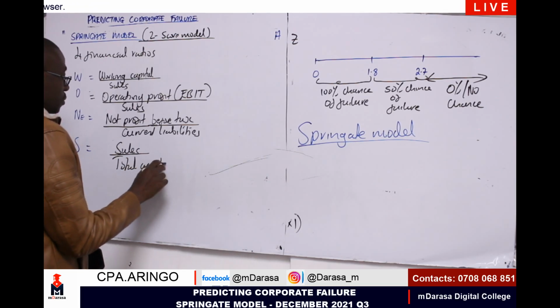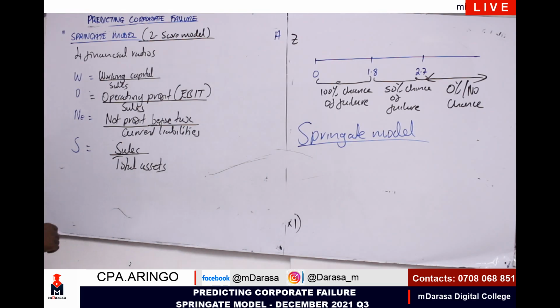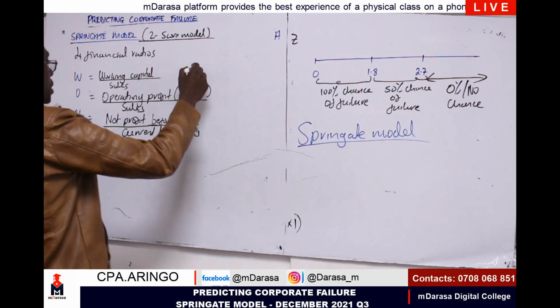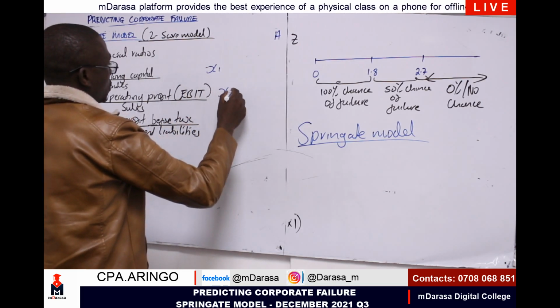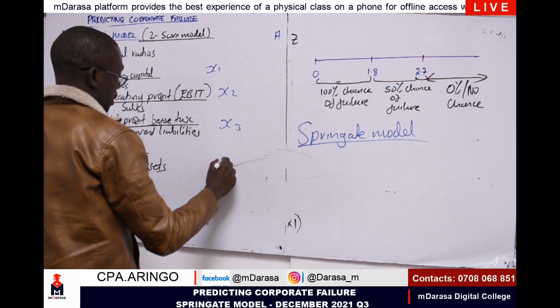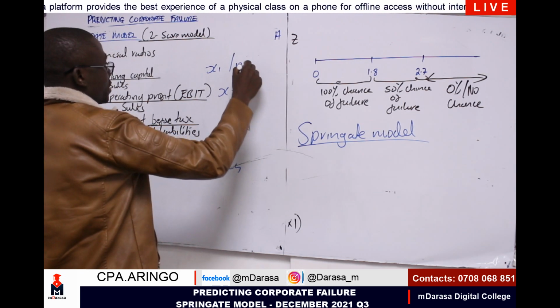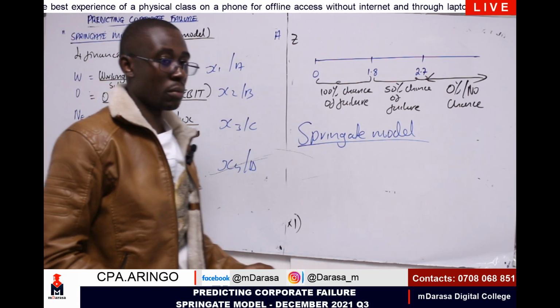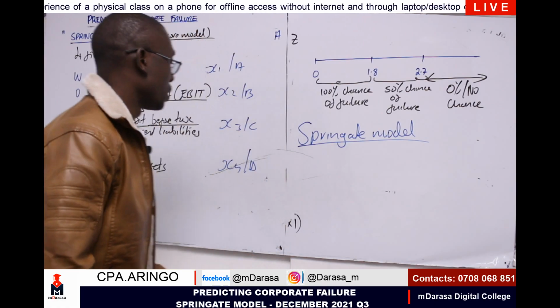So here we are looking at Springate. Whenever we want to achieve this model, ideally we'll be talking of our Z here, assuming these are x1, x2, x3, x4, or simply you can use A, B, C, and D. The beauty part is that for the purpose of examination, you'll always be given this model.